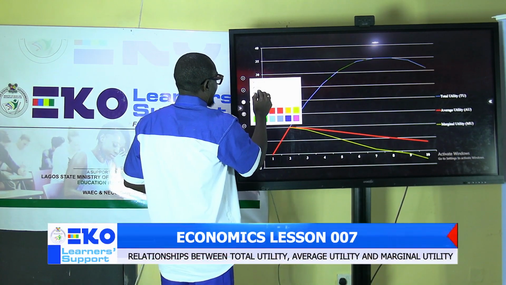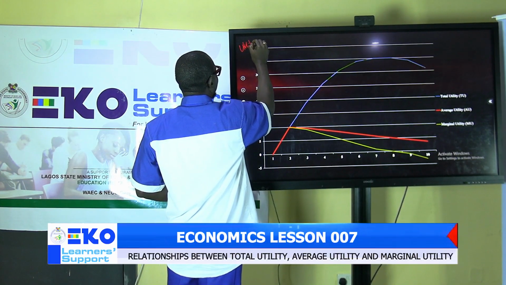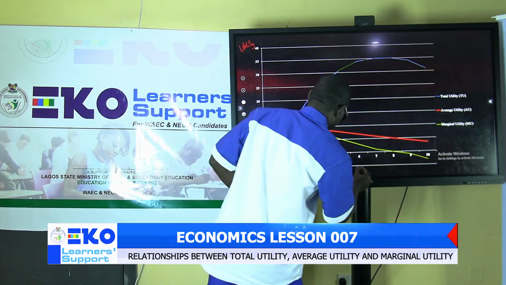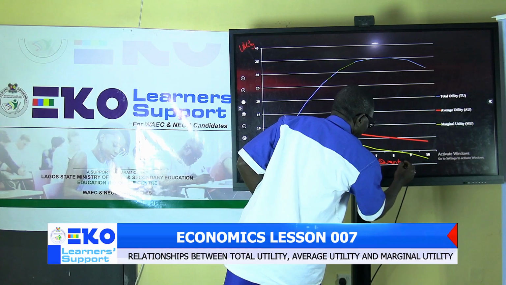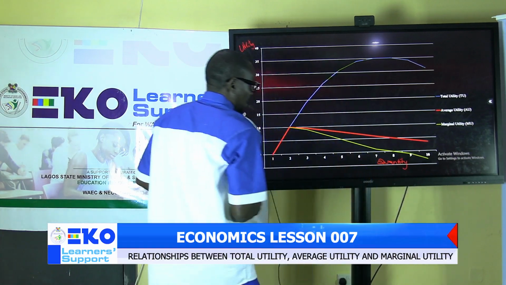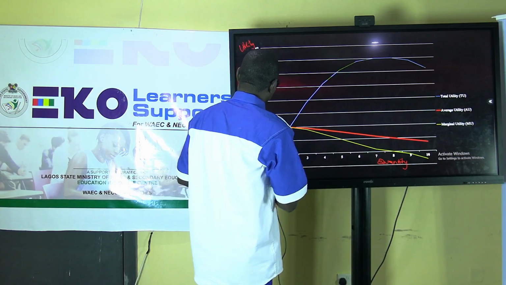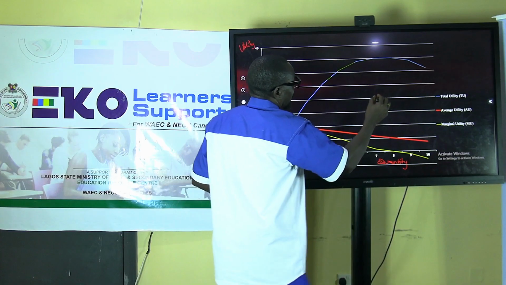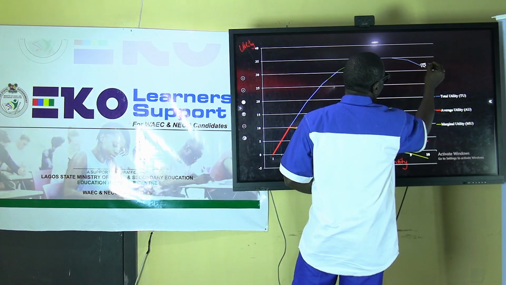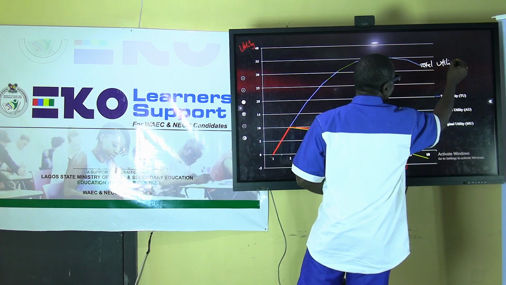Now, here we have utility, and here we have quantity. The blue curve represents total utility, TU.